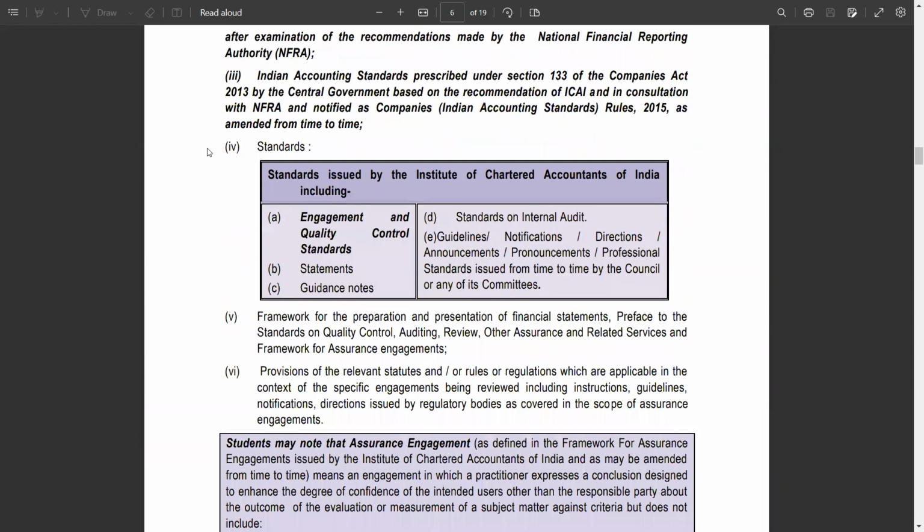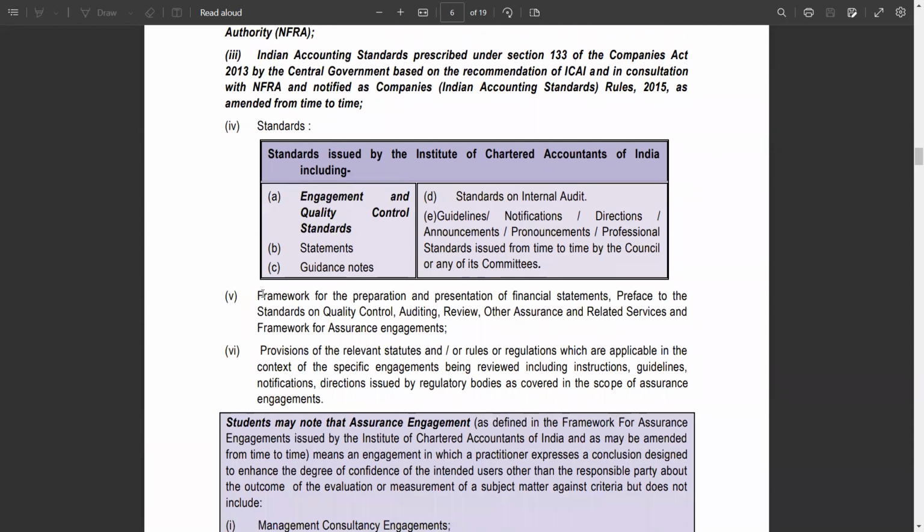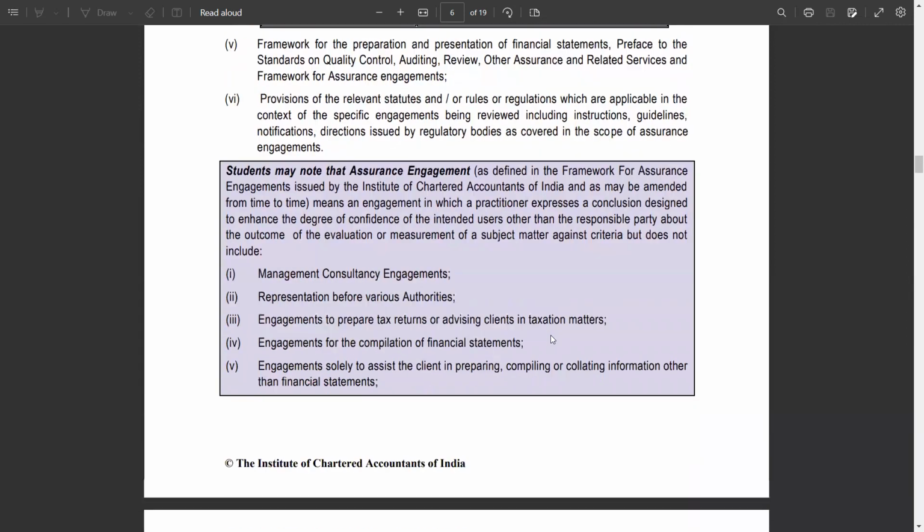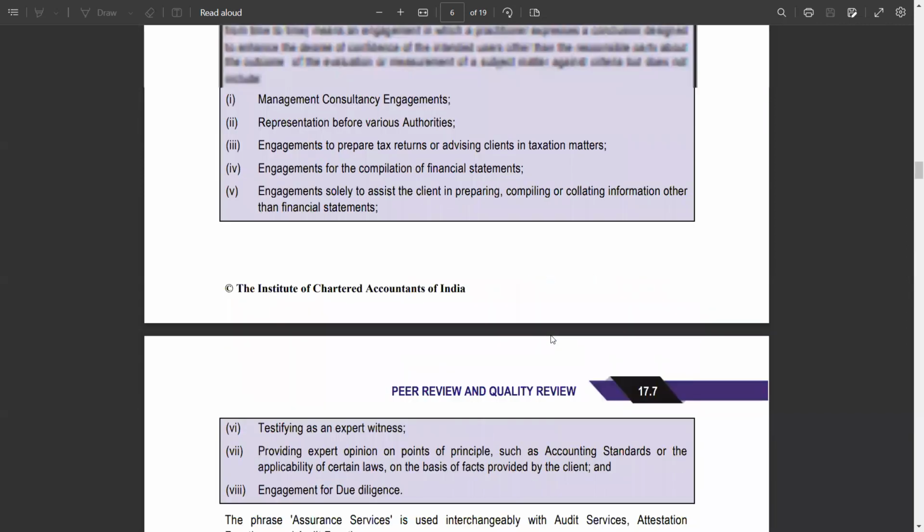Then we have the standards on auditing, engagement and quality control standards, statements, guidance notes, standards on internal auditing, guidance notifications, and framework for preparation and presentation of financial statements, preface, auditing review, other assurance and related services, framework for assurance engagements, and provisions of the relevant statutes or rules and regulations which are applicable to the entities in the context of specific engagements. And yeah, let's see any other.